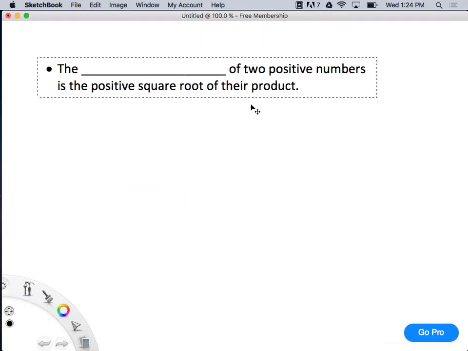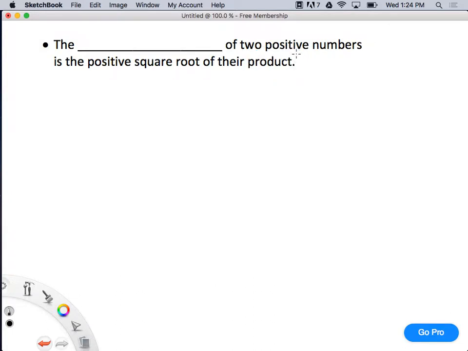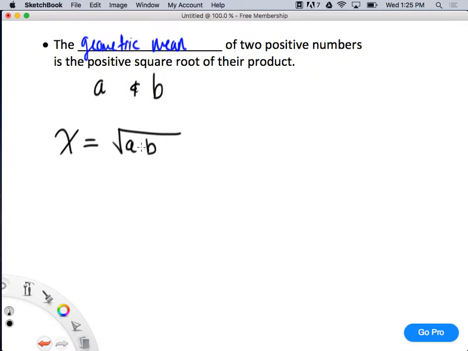So in that blank, put: the geometric mean of two positive numbers is the positive square root of their product. So what does that mean? If I have two numbers A and B, guys, pay attention. This is the easiest thing that you just want to be able to get right. The geometric mean of A and B is the square root of A times B.